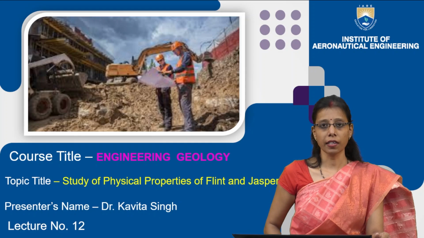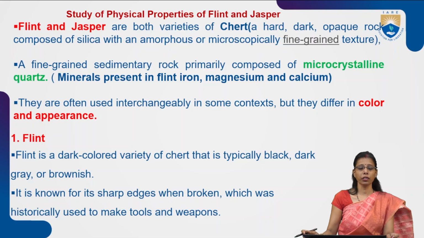So let us start this lecture, study of physical properties of flint and jasper. First of all, let us discuss what is flint. Before that, flint and jasper are both varieties of chert. So what is chert? Chert is a hard, dark, opaque rock composed of silica with an amorphous or microscopically fine-grained texture.